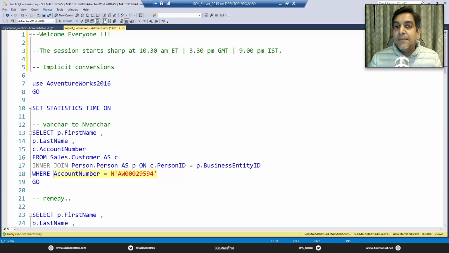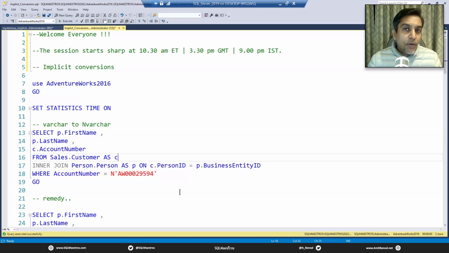If they have the same data type, no conversion is required. But if either of these columns have different data types, then SQL Server will make an attempt to convert, because for comparison, both data types have to be the same. That is what is meant by conversion.